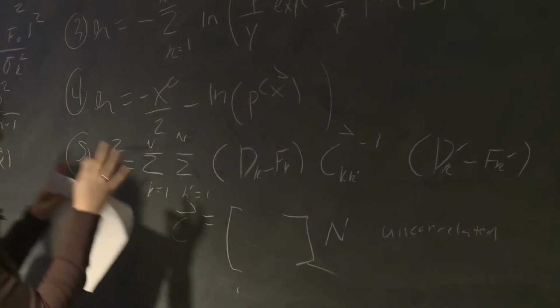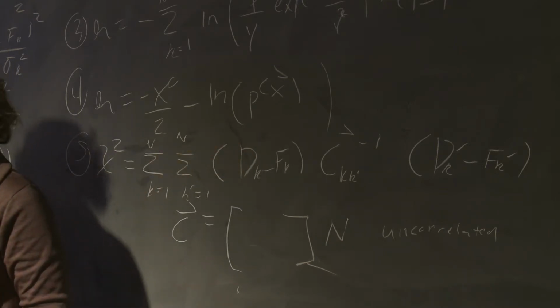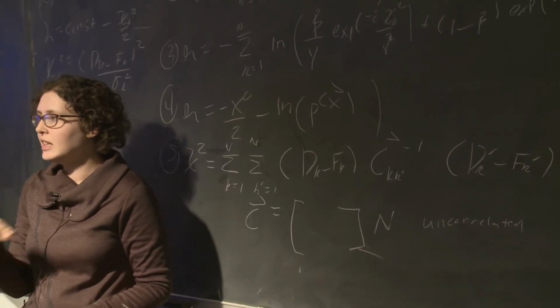So now we have defined the chi-squared so that it includes a correlation matrix that tells us the correlations in the uncertainties between each data point.